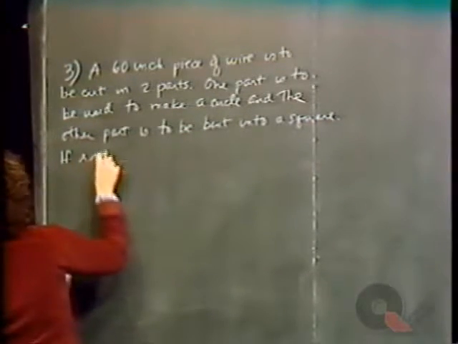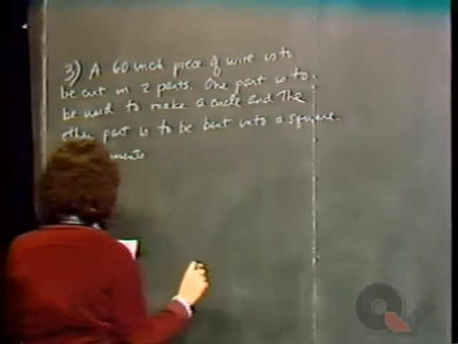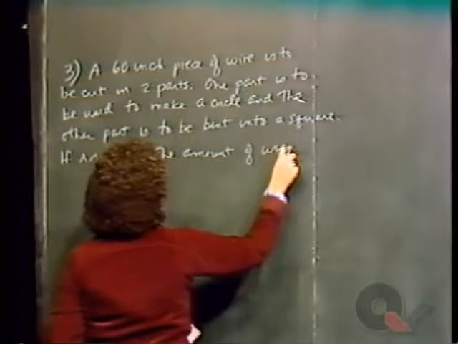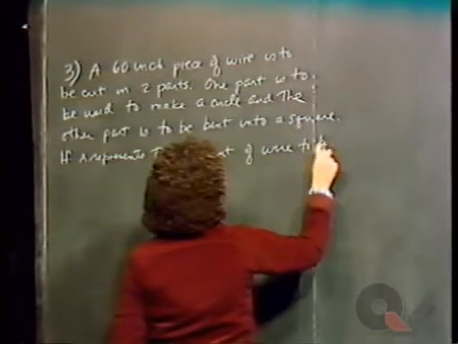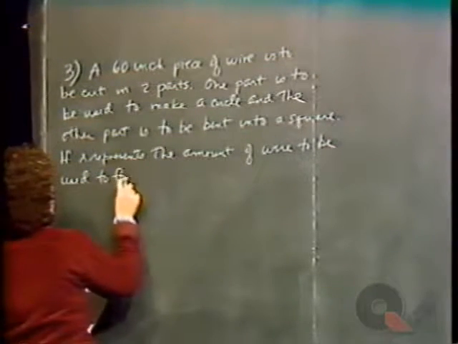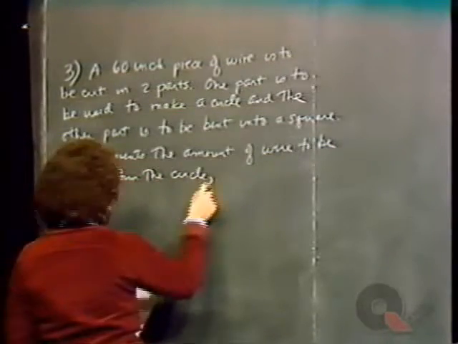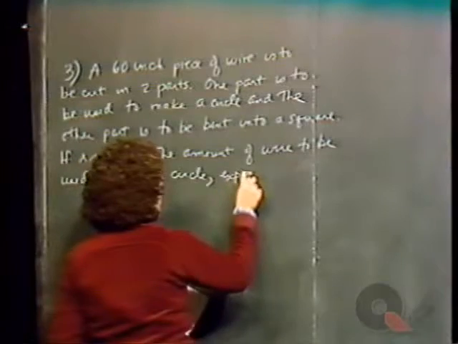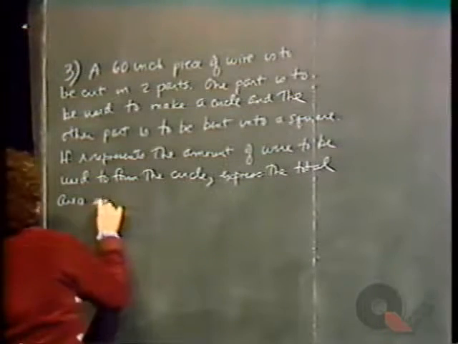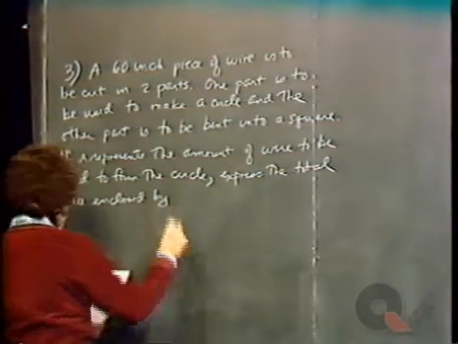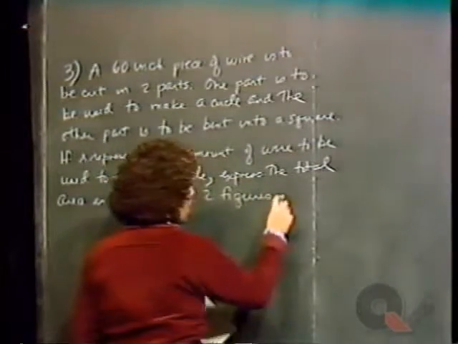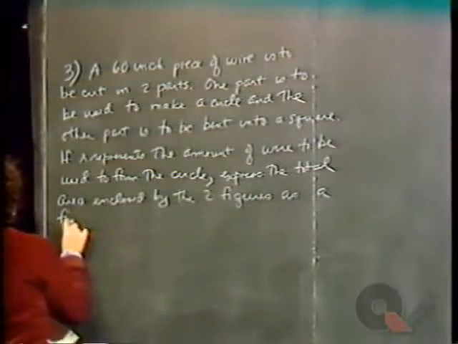If x represents the amount of wire to be used to form the circle, express the total area enclosed by the two figures as a function of x.